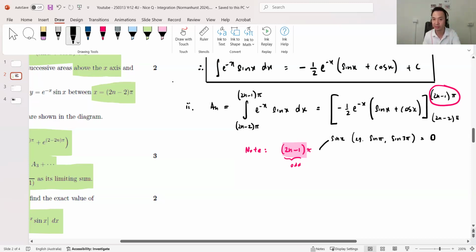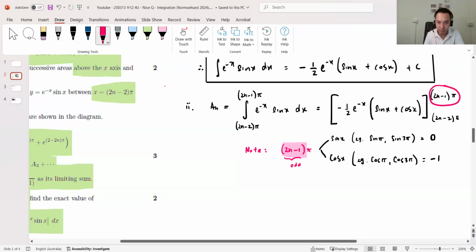Similarly cos pi, cos 3 pi are all negative ones. So sine is 0 and cos is negative 1. Keep that in mind.